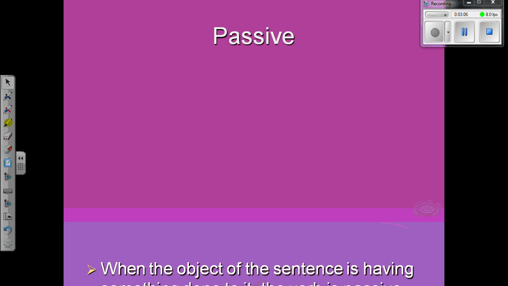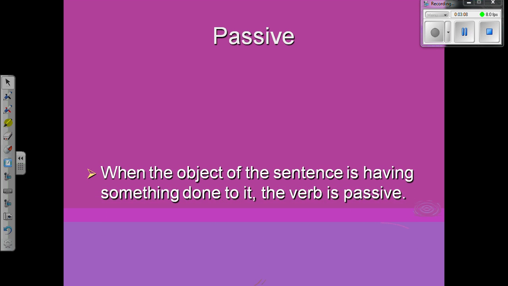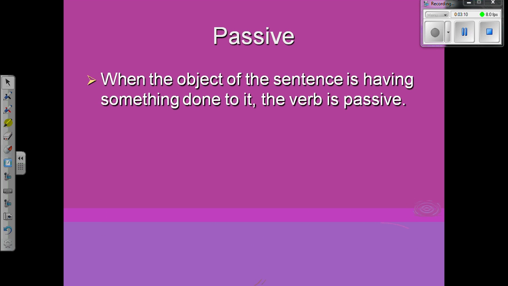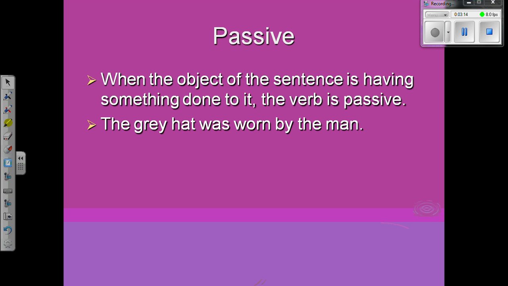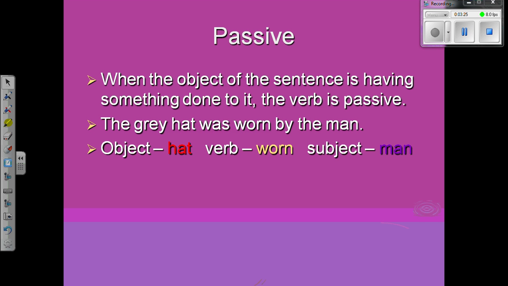Let's see the passive. When the object of the sentence is having something done to it, the verb is passive. The gray hat was worn by the man. So the object is the hat, the verb is worn, and the subject is the man.